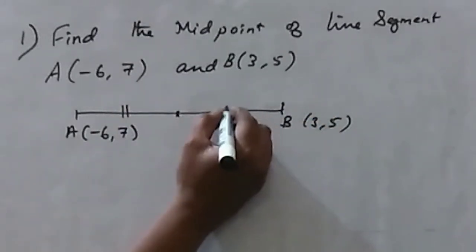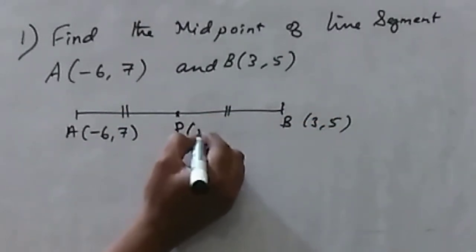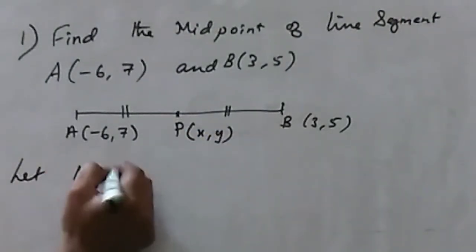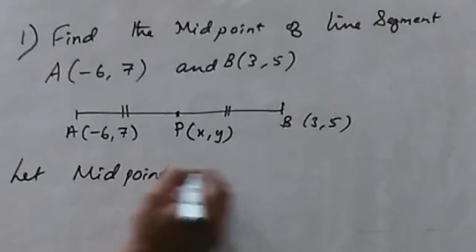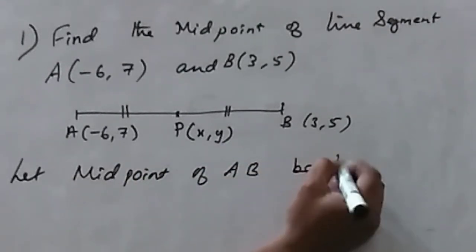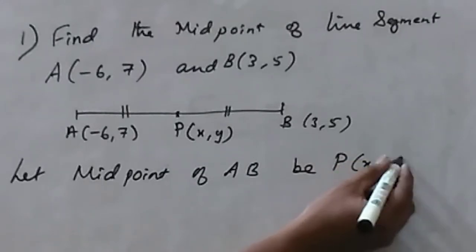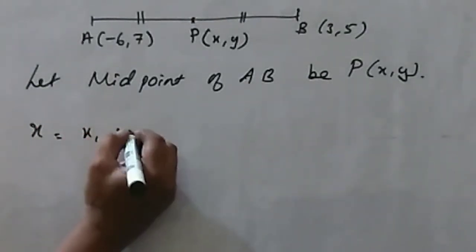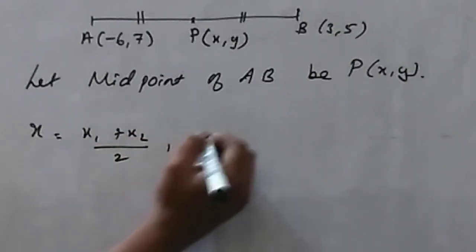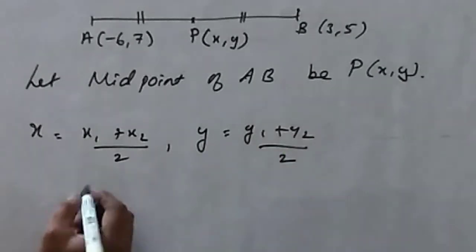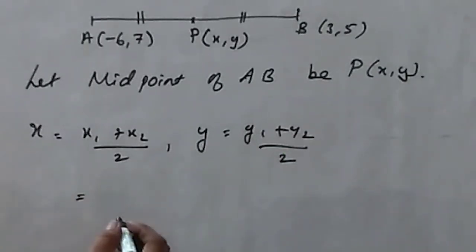And these two are equal. This is the point P, X, and let the midpoint of AB be P. Understood? x is equal to x1 plus x2 upon 2 and y is equal to y1 plus y2 upon 2. So what is x?